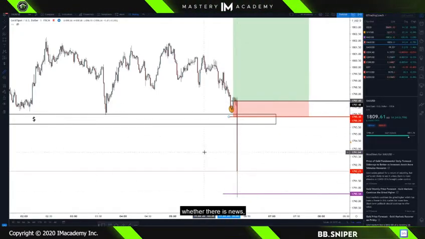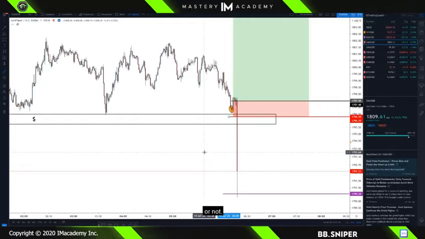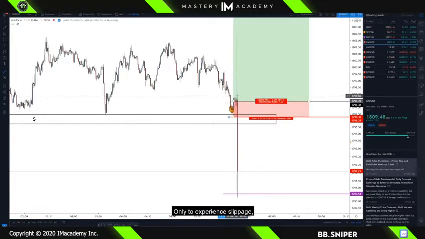Stuff like this can happen whether there is news or not. Imagine for a moment that this was you that was taking this position. You had originally planned for a 1% risk, only to experience slippage in a move like this, and suddenly, rather than risking only 1%, you suffered a 10% loss or more.